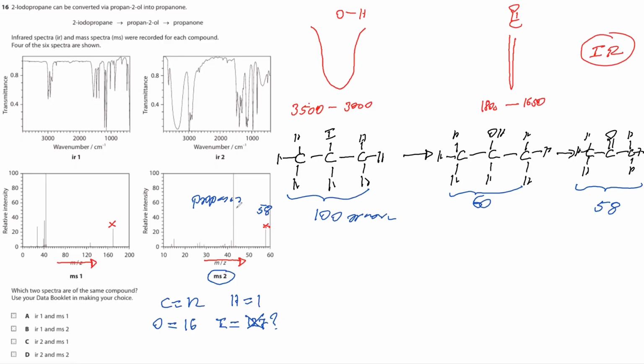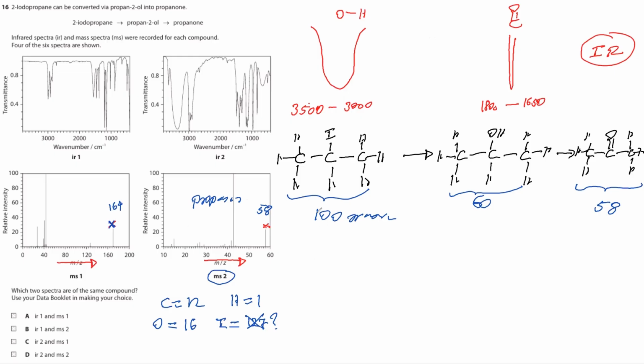Our next one is... so we have propanol here. So I know that propanol is here. Now in the next one, when I check the molecular ion peak, it's somewhere around 164 something.